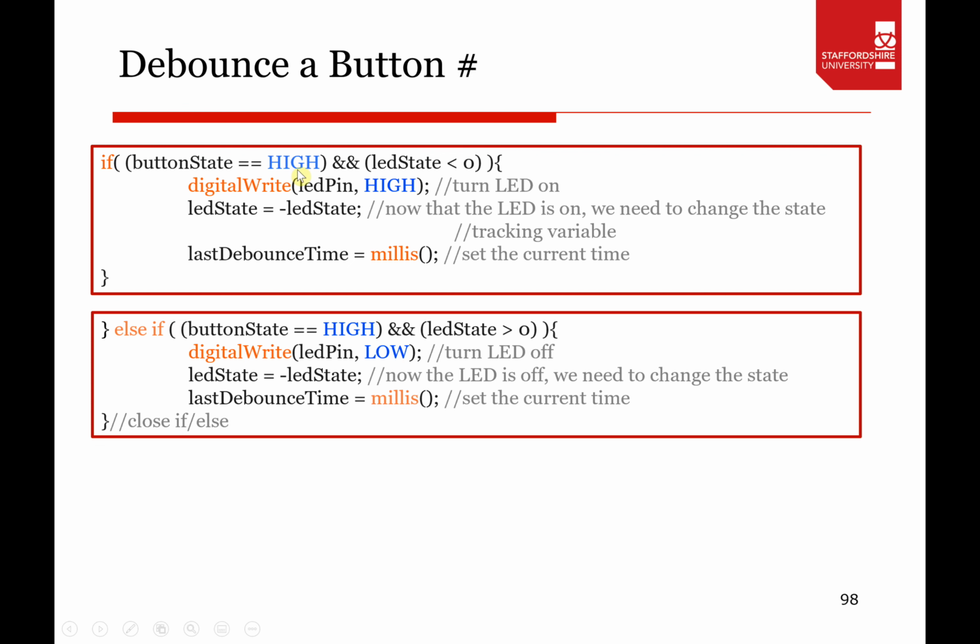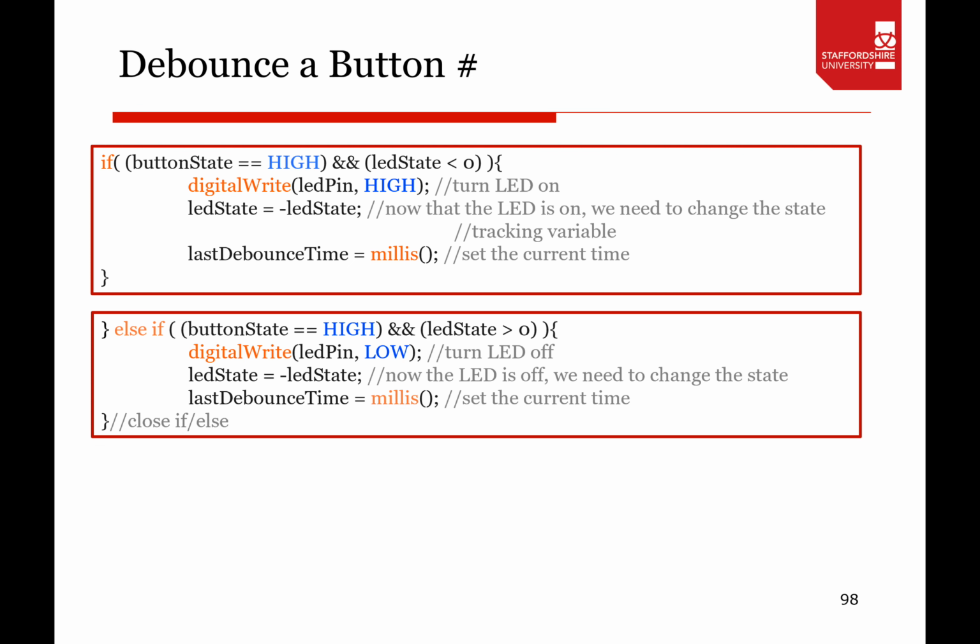If button state equals high and LED state is less than 0, turn the LED pin to high, change the state of the LED state. This program is, like I said, doing the same thing. However, it is more complex logic, which is important.